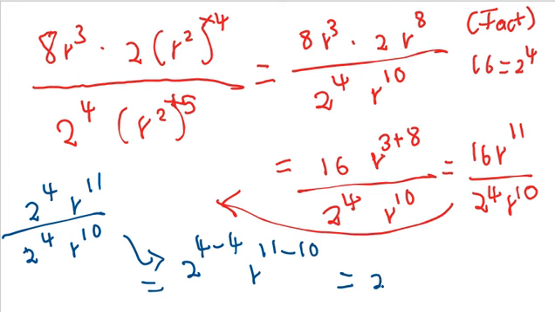We're gonna have 2 to the power of 0. 11 minus 10 is 1. Okay, then we know 2 to the power of 0 is 1. We know anything to the power of 0 is 1, and you're gonna have r to the power of 1. So this 1 multiplied by r is r. So this is our final answer.